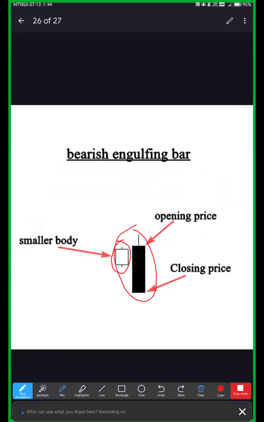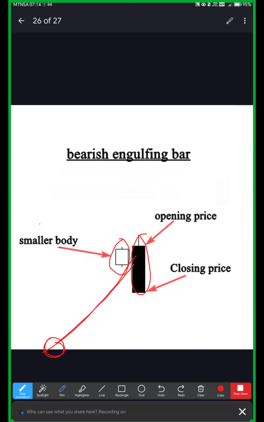I want you to see that this is a green candle. This one is a red candle, right? So the market is trending from the bottom. The market is coming from the lower position, going to the upper position.